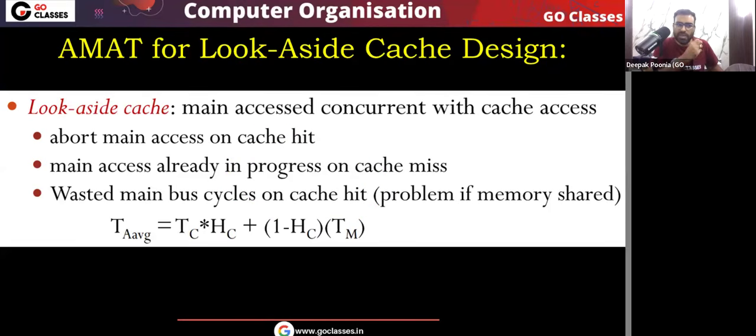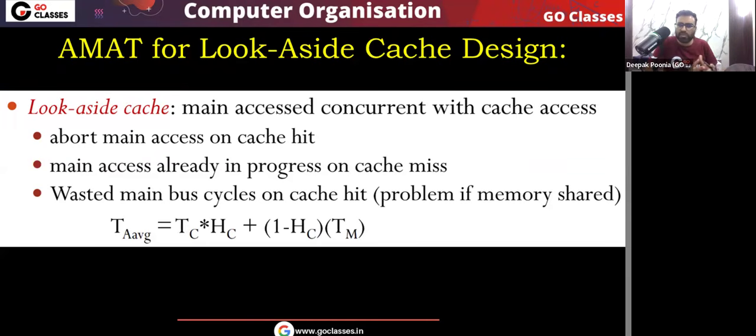If there is a 90% hit rate, then also for a cache hit we are wasting the main memory bus cycles. Yes or no? And you can see this is a big problem if the memory is shared. It means if you have multitasking systems, multi-programming systems, then this is a big problem. That is the reason this look aside cache was used in the older days for single tasking, single processing systems, where this was fine.